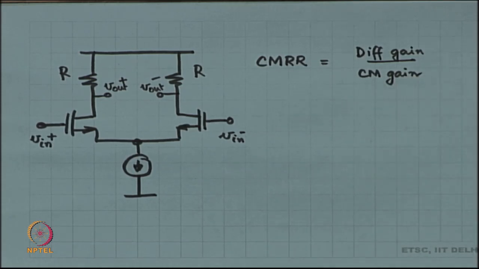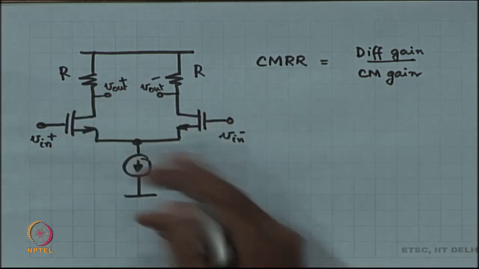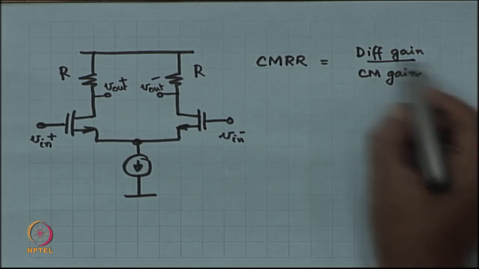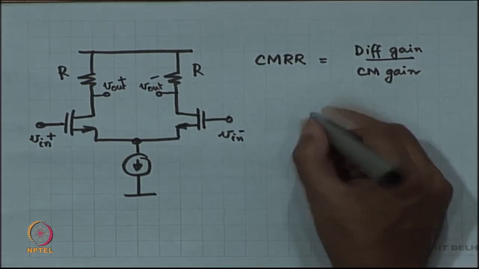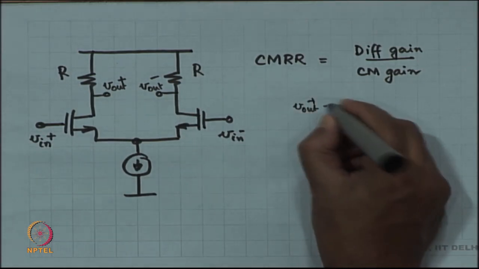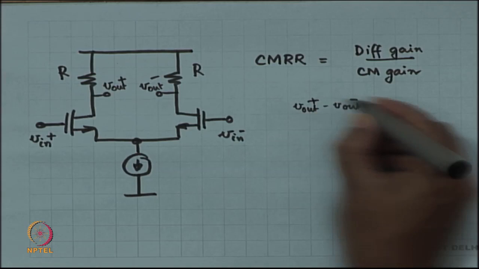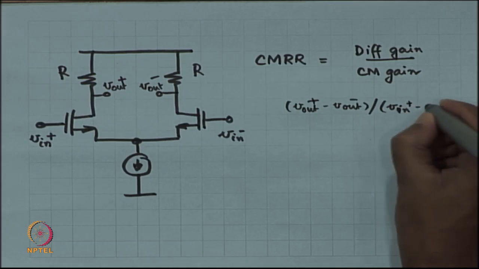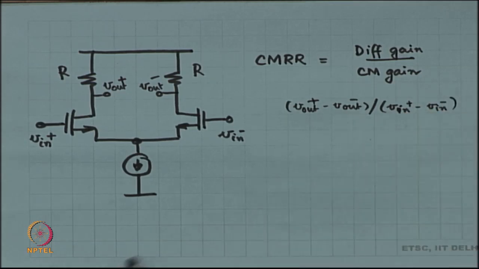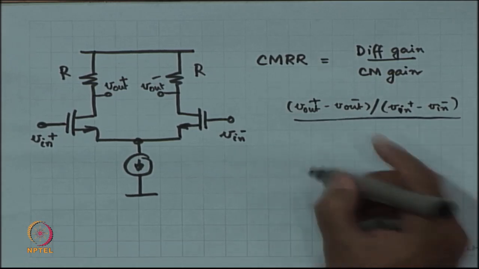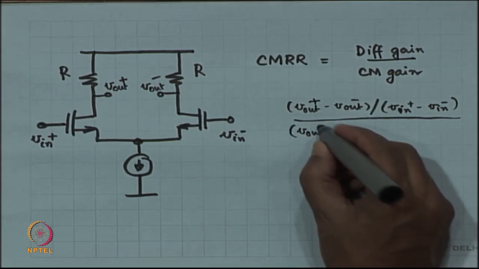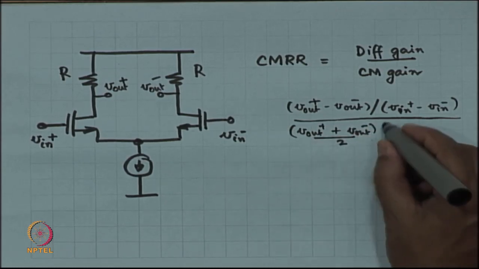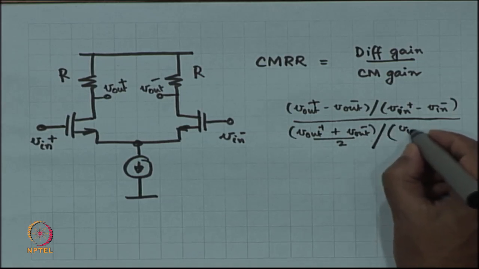In this case, if it is a perfectly differential output, differential input amplifier, then the differential mode gain is V out plus minus V out minus, by V in plus minus V in minus. And the CM gain is the average of the output divided by the average of the input.